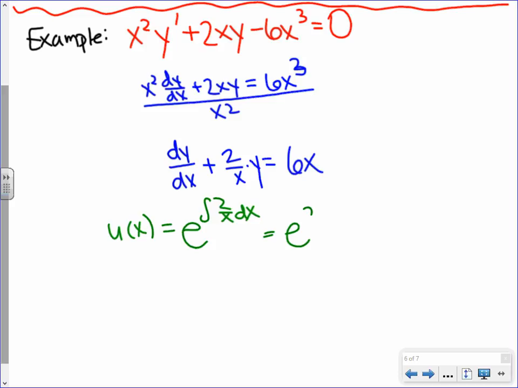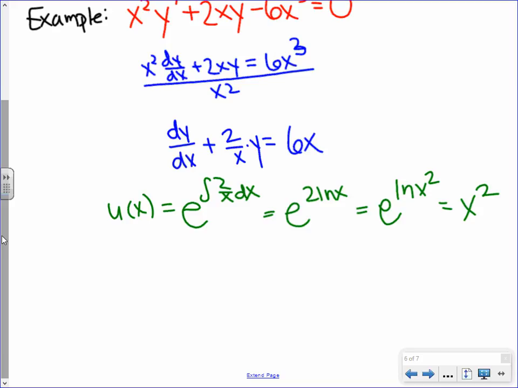So this is e to the 2 natural log of x, right? Addition is addition. So x squared is our integrating factor. I feel like we just undid what we did to standardize. We're multiplying by x squared, isn't that what we just divided by?